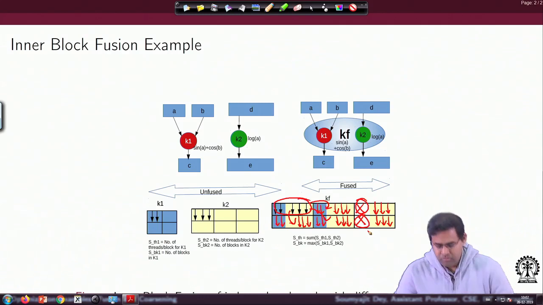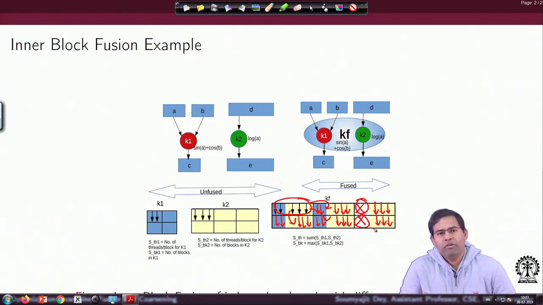I hope you understand that as the data arrangement of the kernels becomes a bit different, while fusing them we are introducing an absence of balance, right, because when these blocks are going to execute there will be unused slots when warps will be formed, right. So, essentially we will be losing on the occupancy of the GPU and we will not be extracting that much parallelism.